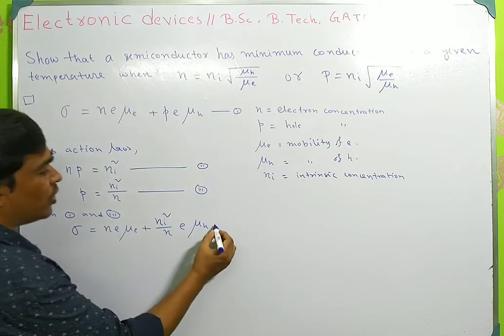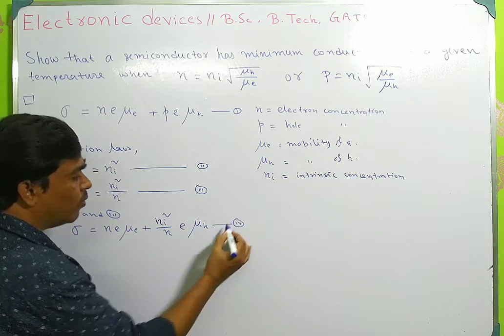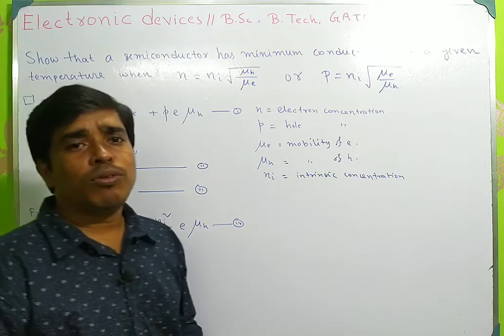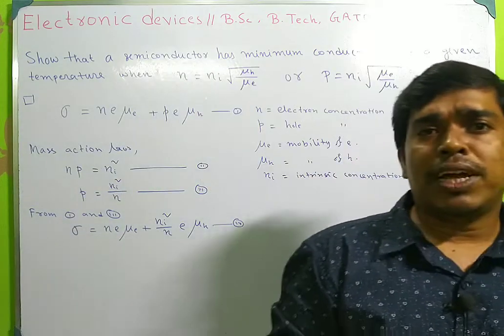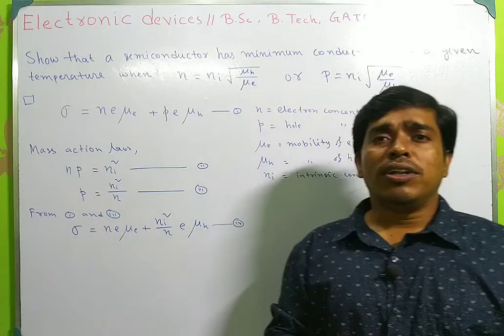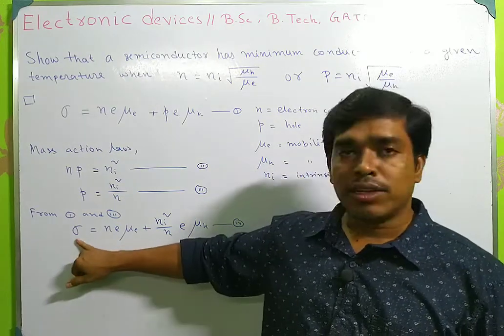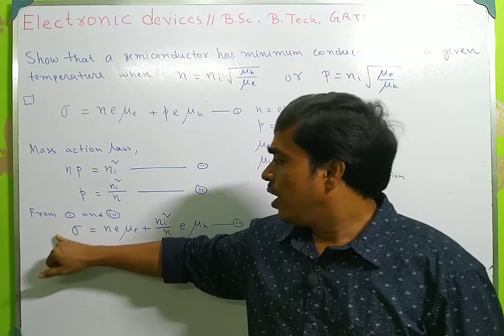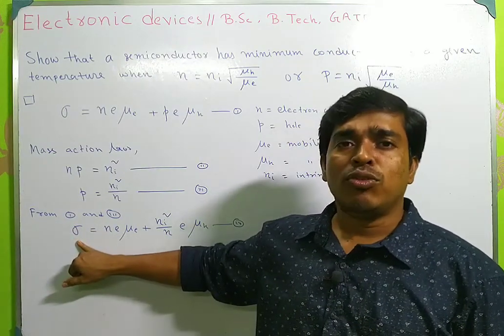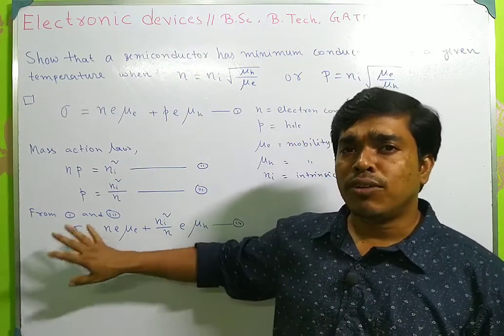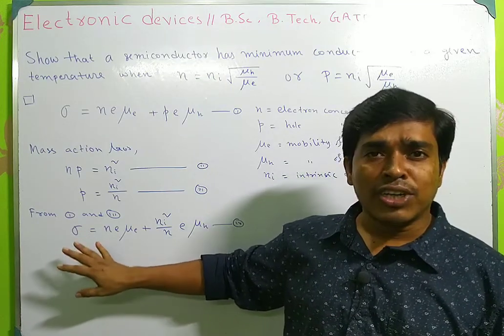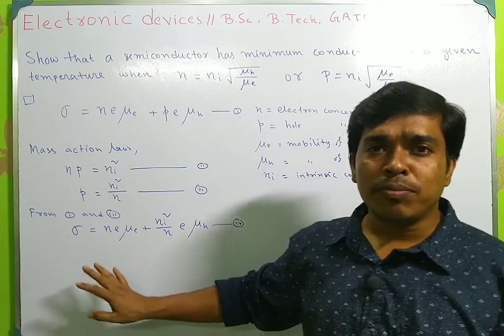Suppose this is equation number 4. We have to prove the condition for minimum conductivity, so this term sigma should be minimum.